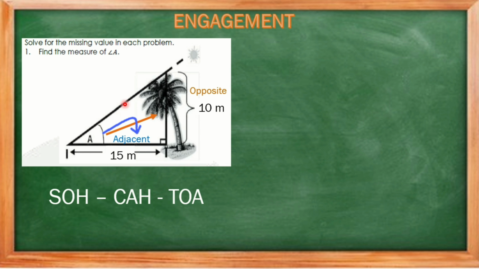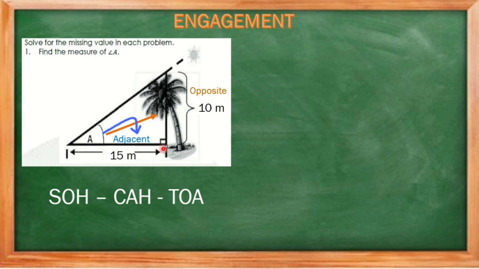Paano natin malalaman kung nasaan yung hypotenuse? Dahil nandito yung 90 degrees angle natin, yung side na palaging kaharap ng 90 degrees angle ay palagi yung hypotenuse. Kaya imposible na maging adjacent yung side na ito. Yung dalawang to, yung opposite at saka adjacent, pwedeng magkapalit yan, depende sa reference angle.